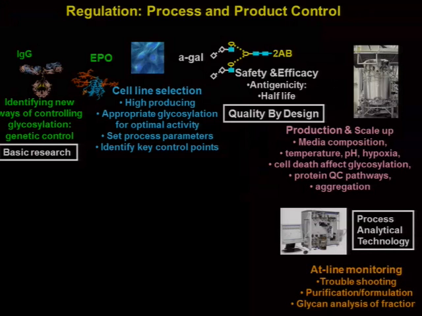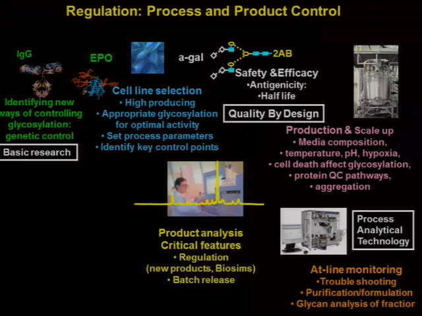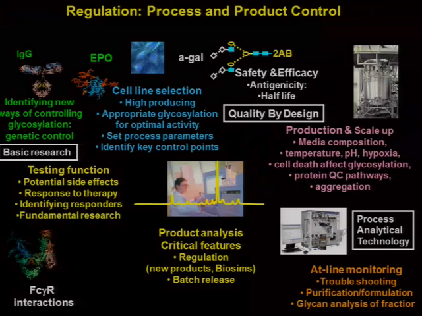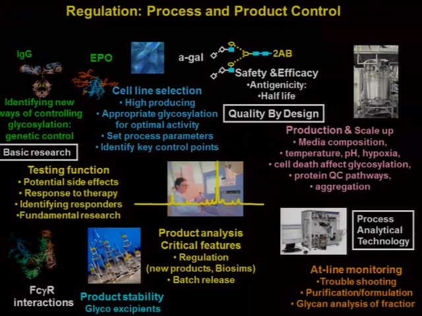We also needed to be able to have process analytical technologies to do at-line monitoring, because sometimes if you can see the glycosylation going wrong, you can do something about it. You also need to have very effective glycosylation analysis for these critical features, and also for testing function, as I've just shown you. So, product stability is also important.